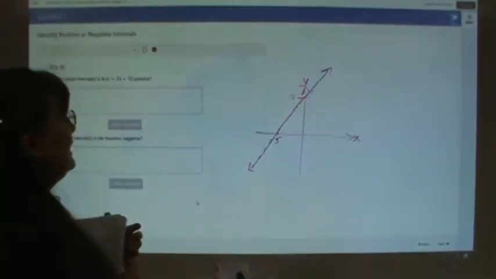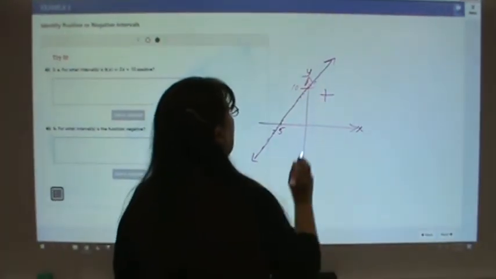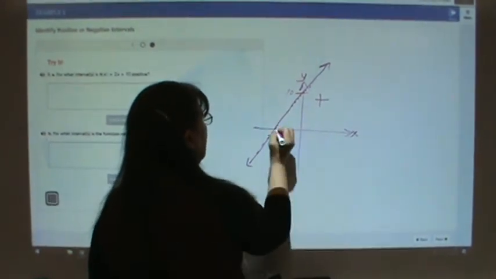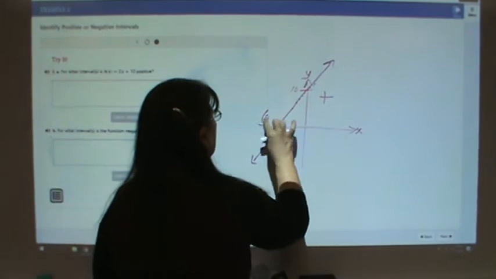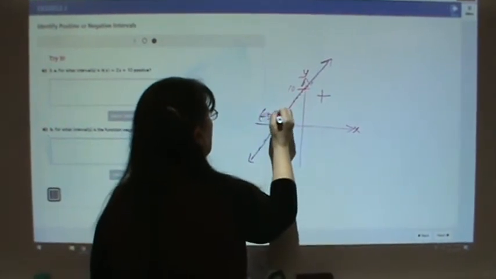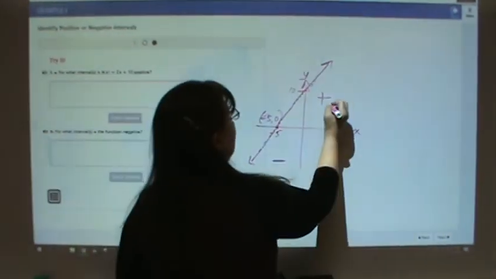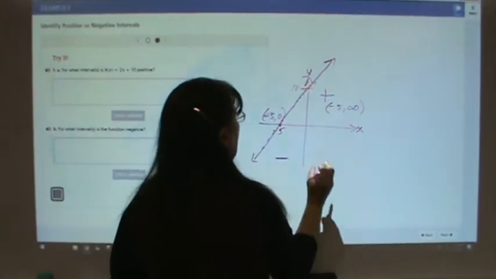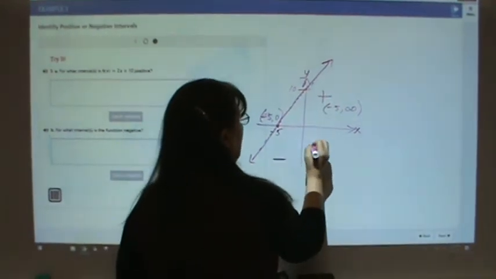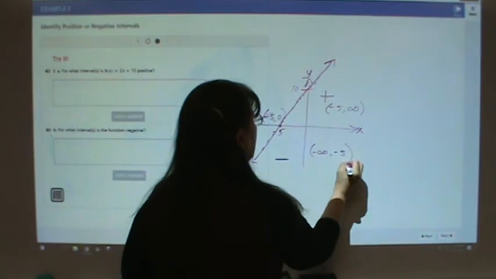So again, it's positive above, so it's positive up here, it's negative down here, and at -5, it's neither positive nor negative. So here we have from -5 to infinity, and over here we have -infinity to -5.